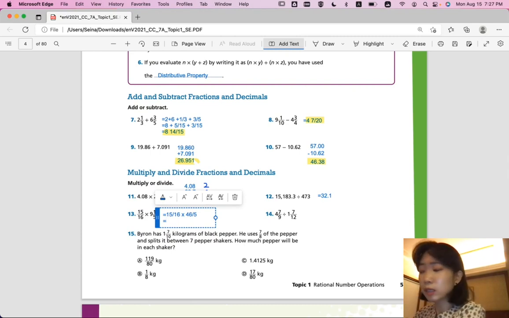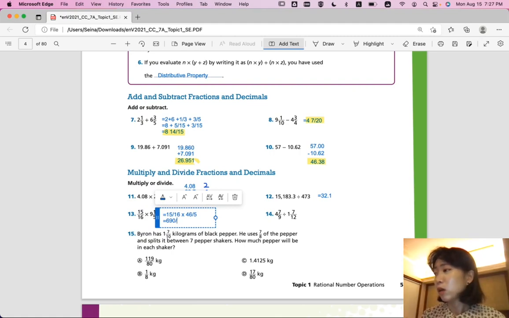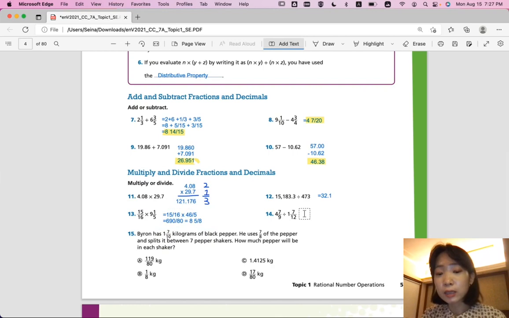But 15 times 46 equals 690, and 16 times 5 is 80, which will simplify to 8 and 5 over 8.